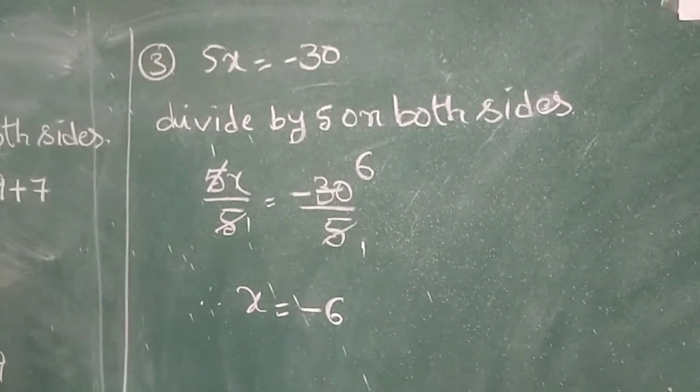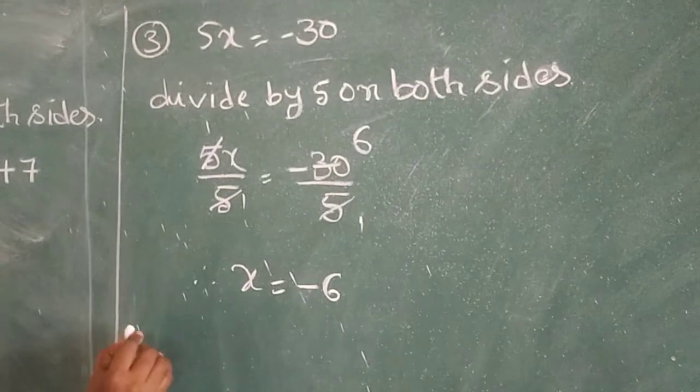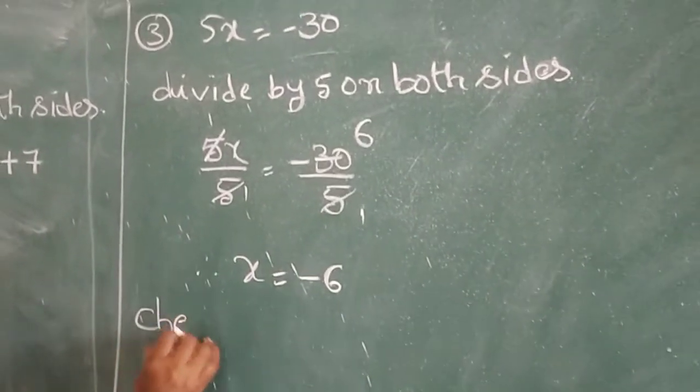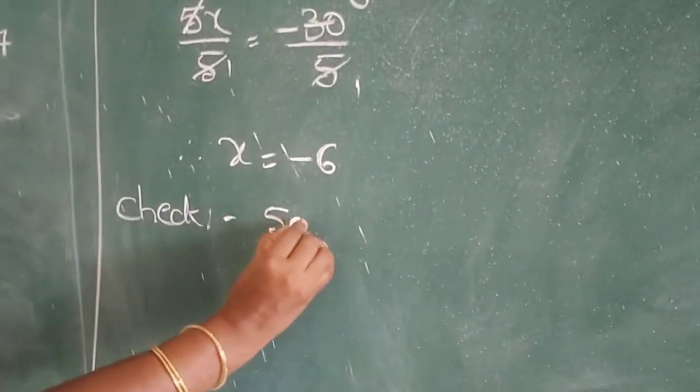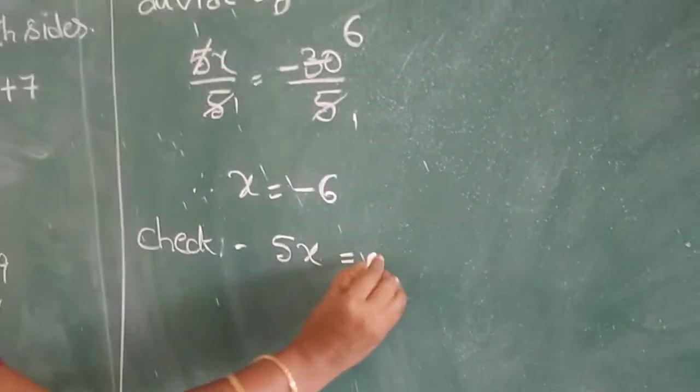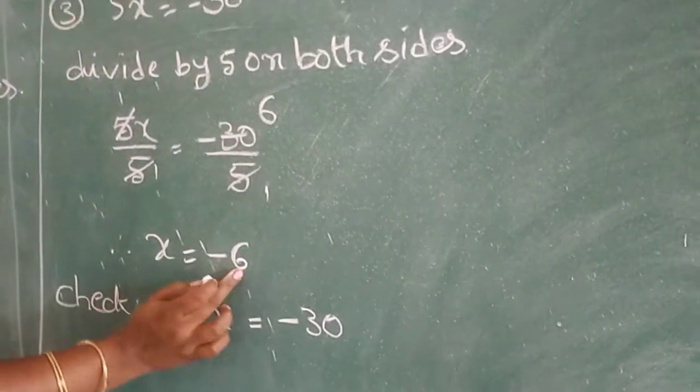x is equal to minus 6. Check the equation. 5x is equal to minus 30. The x value is minus 6.